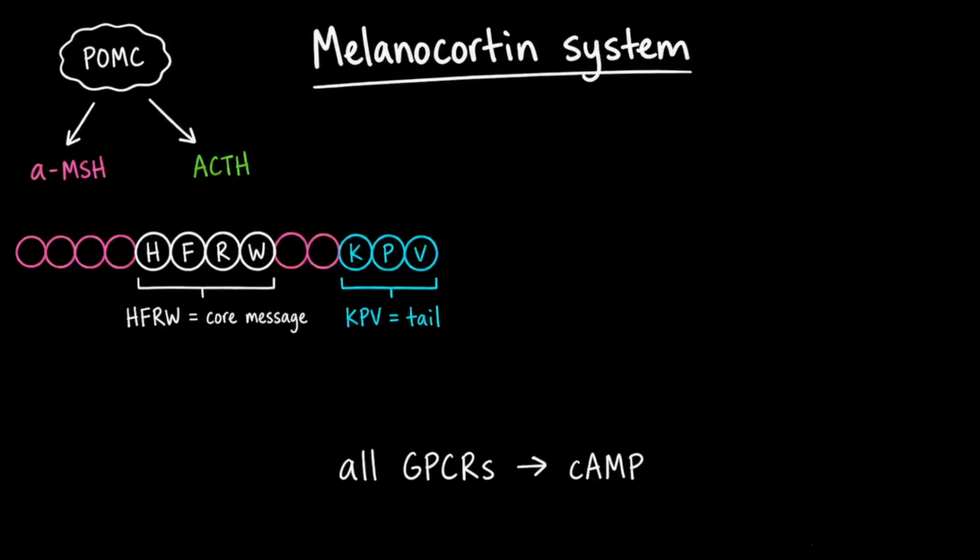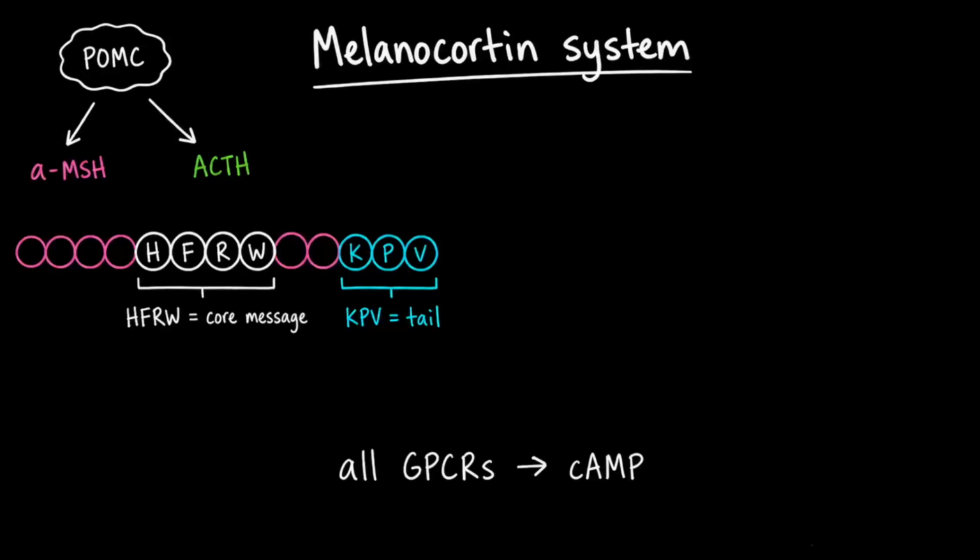So KPV is at the other end, at the C-terminal tail here. The active site, or the binding motif as it's called in biochemistry, is the HFRW component of alpha-MSH. So KPV is not exactly binding in the same way that alpha-MSH would.